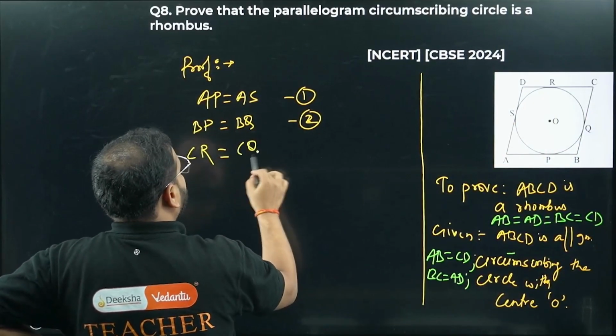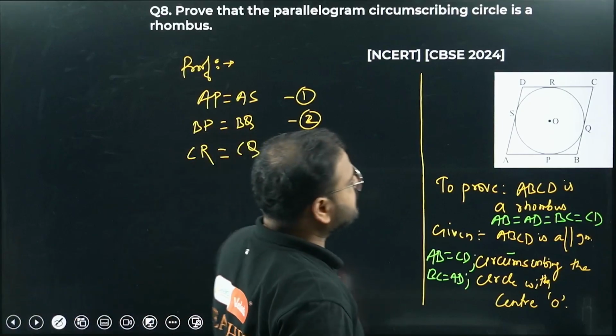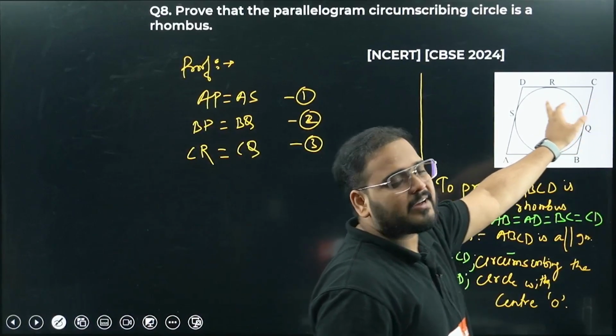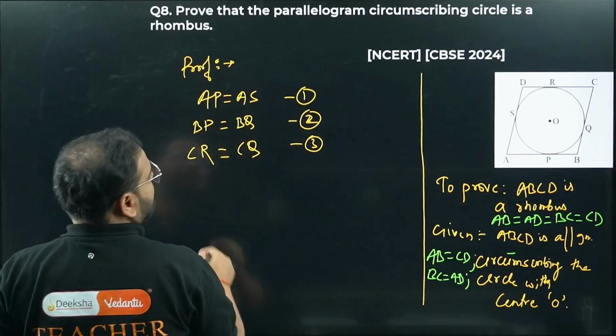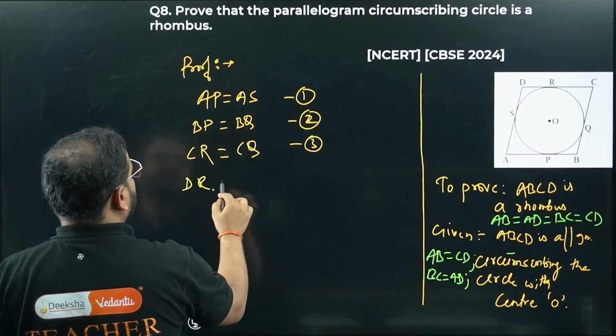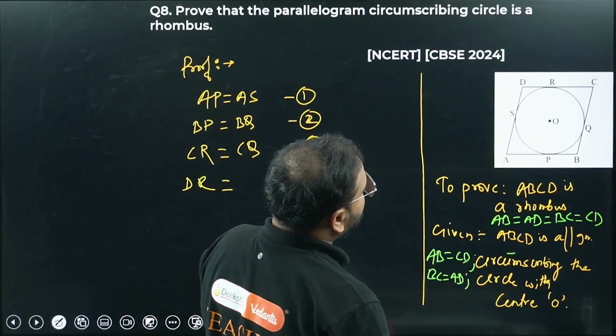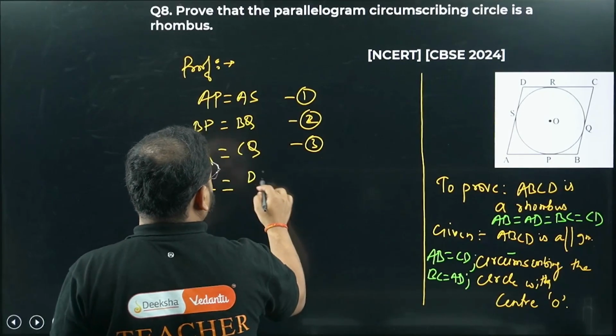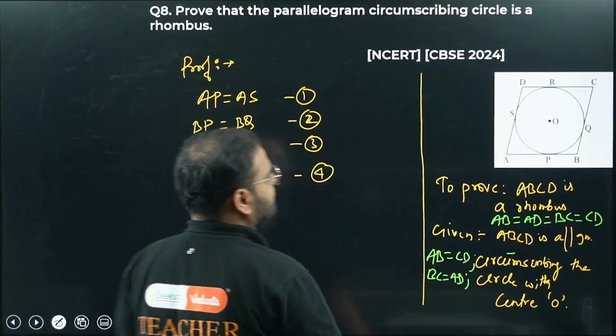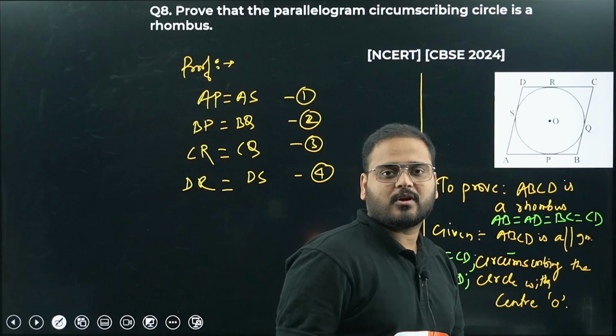Please check, equation 3. How come? Point C is an external point, with CR and CQ as tangents. Same way right here, DR equals DS, equation 4. Again, point D is the external point from which the tangents are drawn.